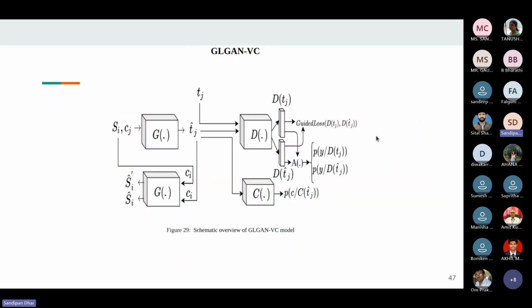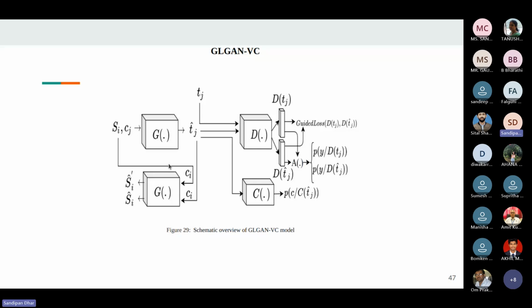Now this is the one model that we have proposed that got accepted in IEEE Transactions on Neural Networks and Learning Systems. This GLGAN-VC is for many-to-many voice conversion. So see, there is a generator function, a mapping function. S_i is the source speaker, and C_j is a class, the jth class, the jth speaker from the target domain.